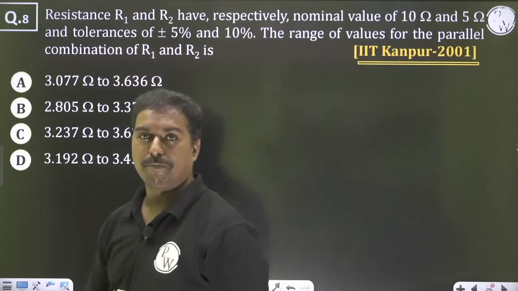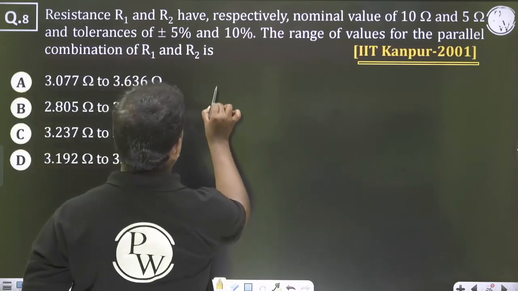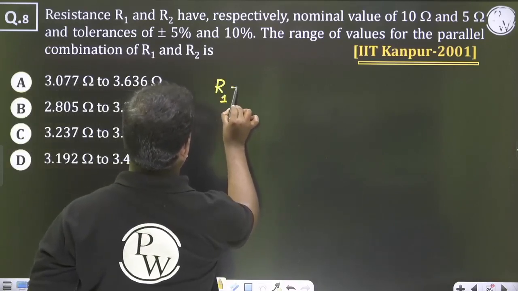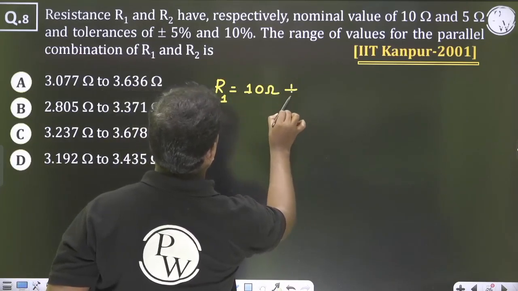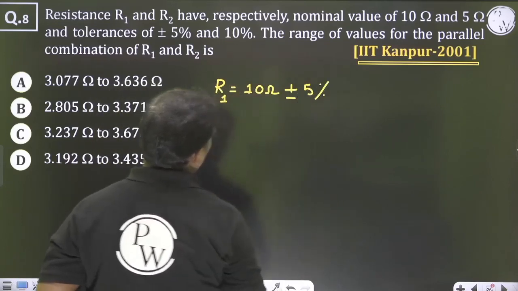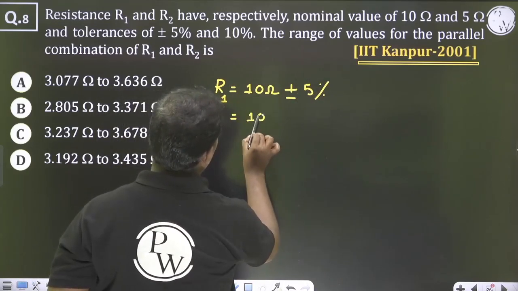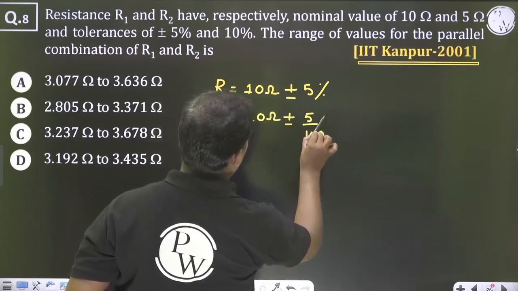Very, very interesting. So first of all, what is R1? R1 is 10 ohms with a tolerance of how much? That means 10 ohms plus or minus 5 by 100 of 10.